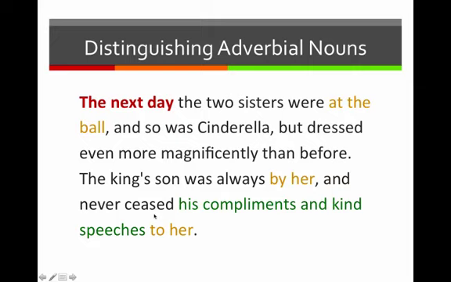His compliments and kind speeches. In green here, we have a direct object. We can't say his compliments and kind speeches, the king's son was always by her. No, it has to stay after the verb. And then I have a prepositional phrase at the end, to her.